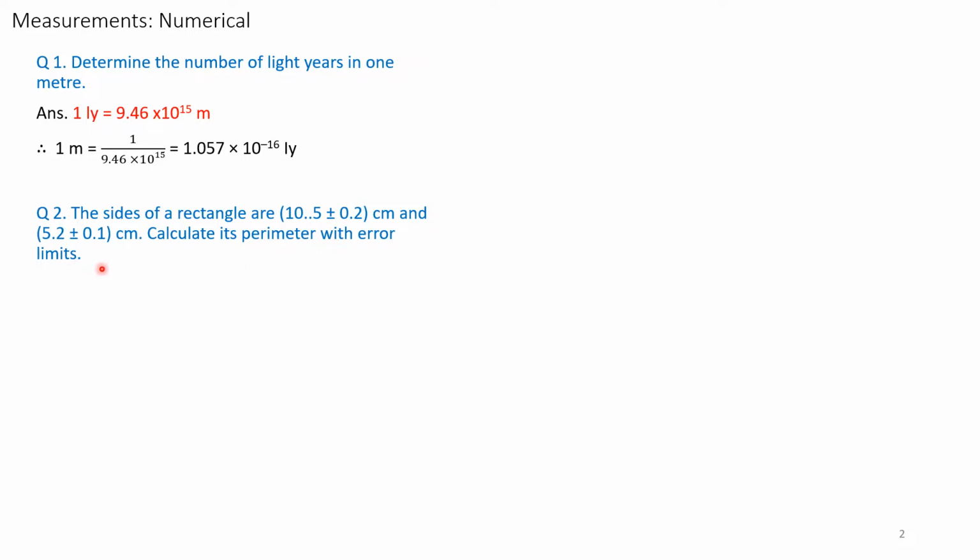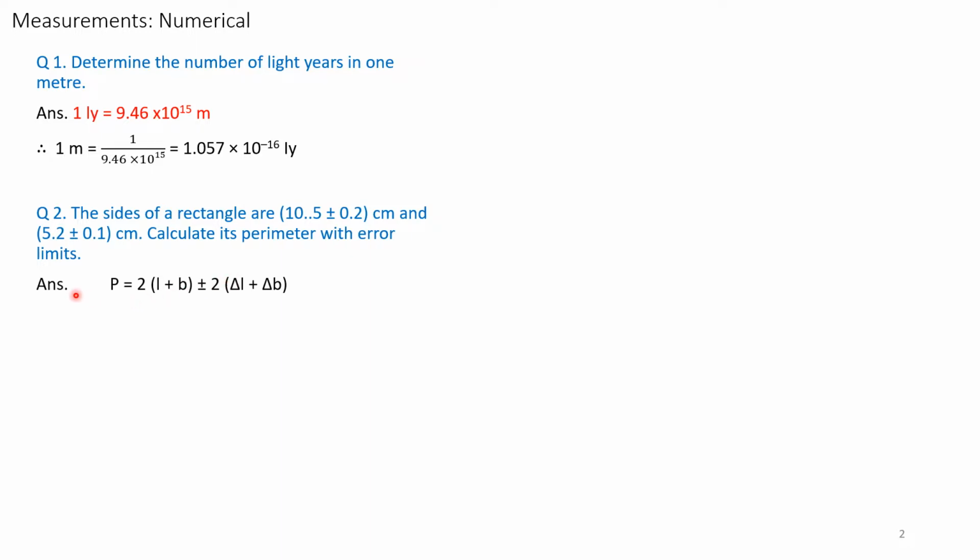Please note the sides of a rectangle are 10.5 and 5.2 centimeters. The error is plus or minus 0.2 in one side, in the other side it is plus or minus 0.1 centimeter. So we are required to calculate its perimeter with error.